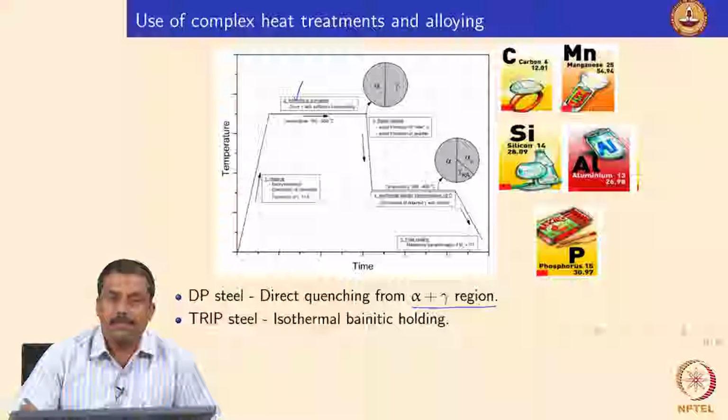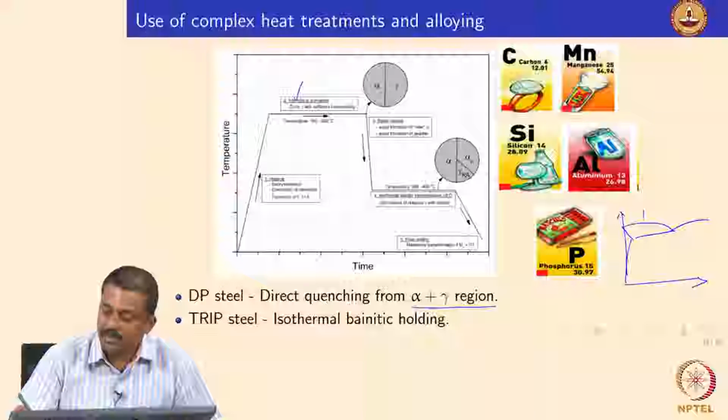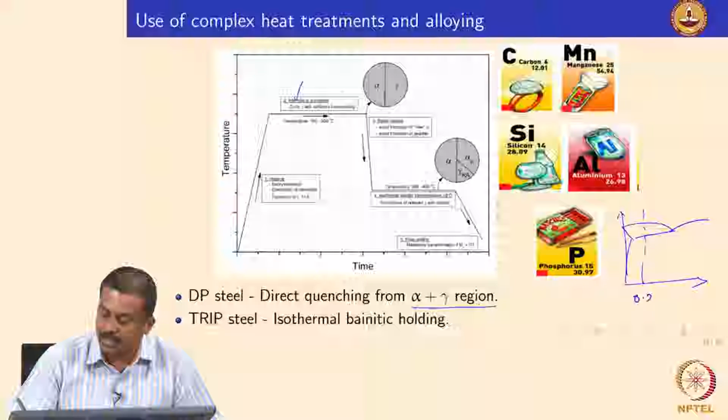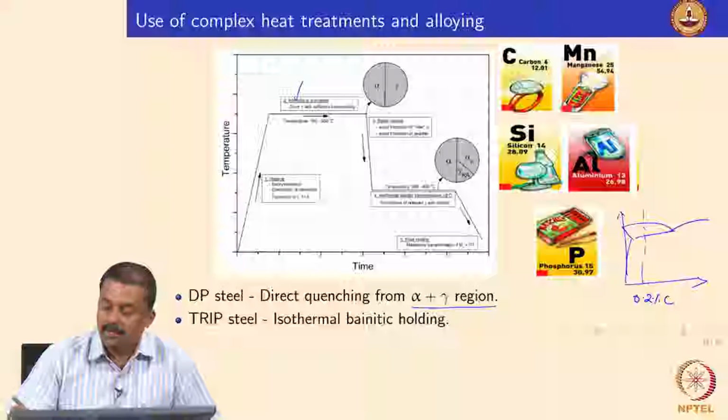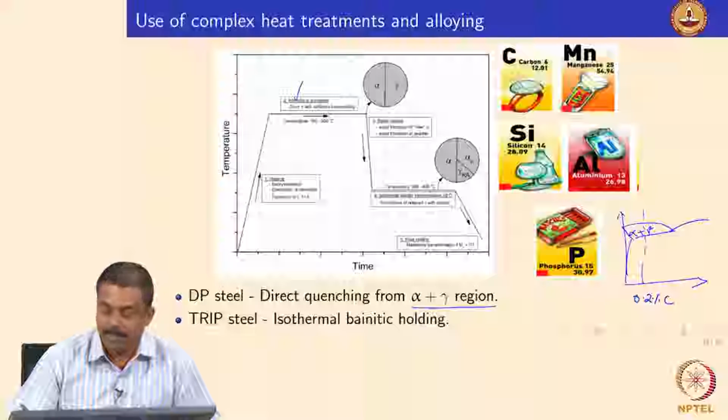The advantage of doing that intercritical annealing treatment is, as I already explained, this is your eutectoid phase diagram. Suppose your steel has 0.2% carbon, and we take it to a temperature region where both ferrite and austenite phases are coexisting, somewhere around 800 degrees centigrade.